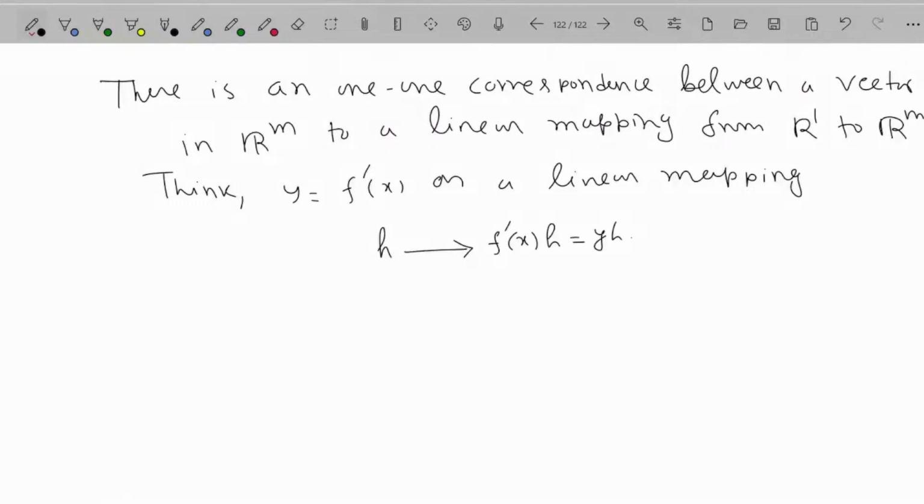Therefore, if we think of a vector as a linear mapping in this case, what will be our new definition?